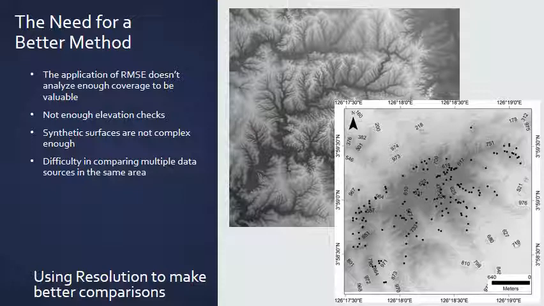So there's really not enough elevation checks on the actual surface, other than in the past they've used just geodetic control points, a few random spot elevations to compare it, but it is by no means enough coverage to validate even using RMSE as a measure.